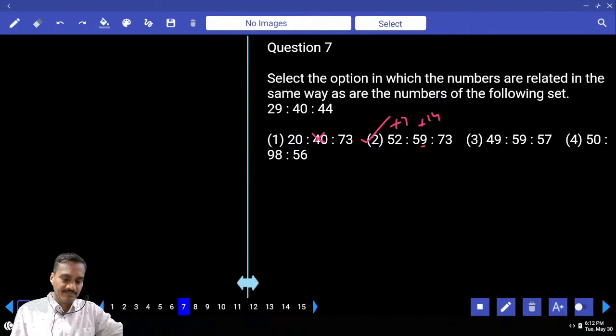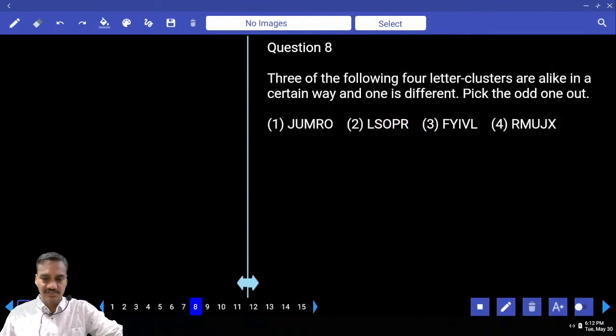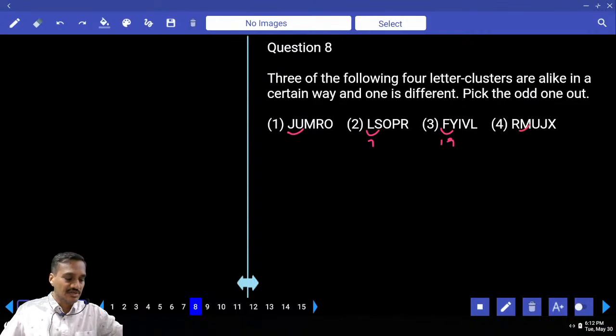Done? Next, coming to question number 8. In this question, J-U-M-R-O. What is the relation we have? J and U, the difference is 11. L and S, the difference is 12 and 19, that is 7. Now 16 and 25, the difference is 19. R and M, the difference is minus. Do you have any logic in this one?